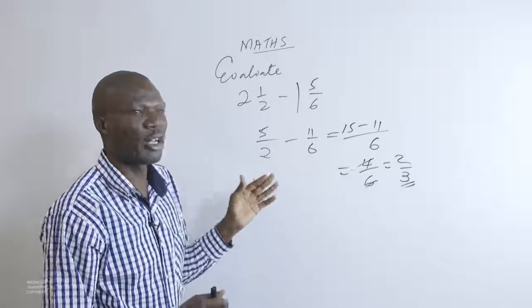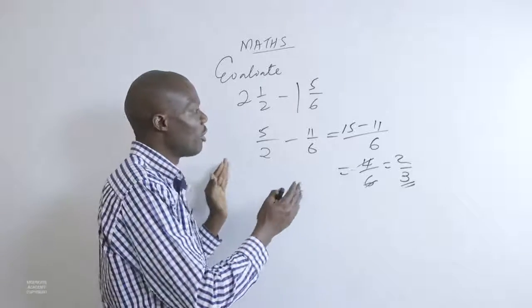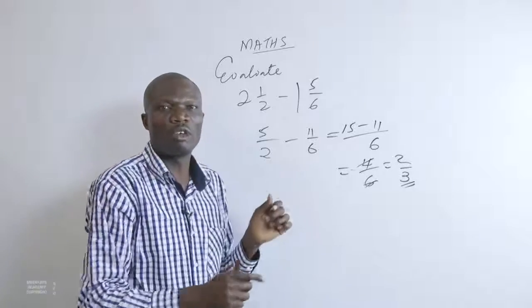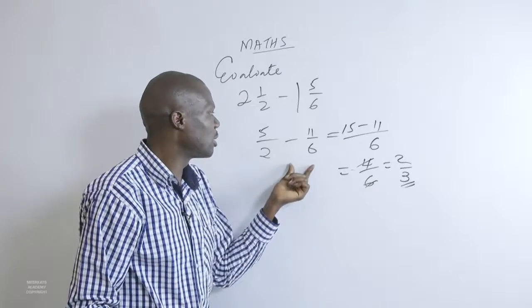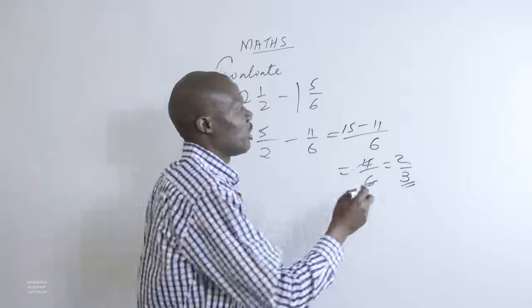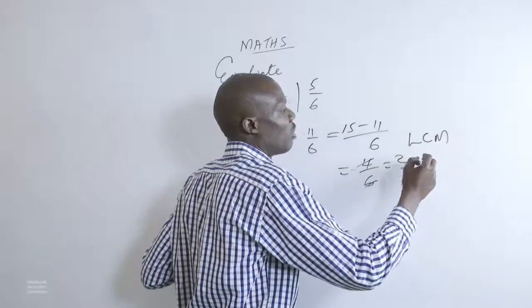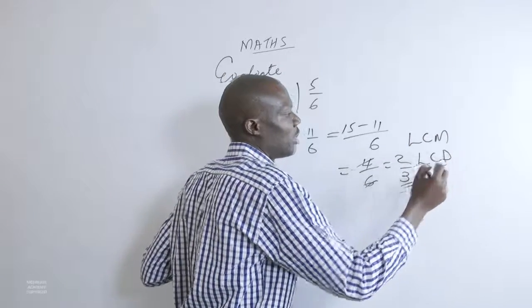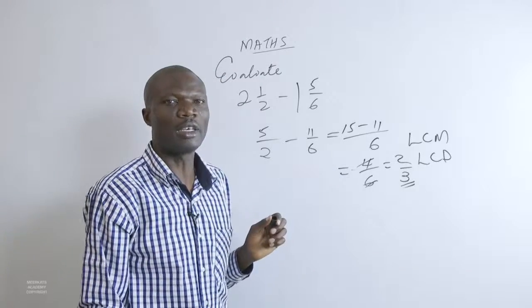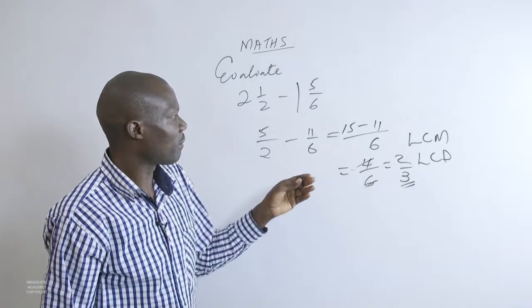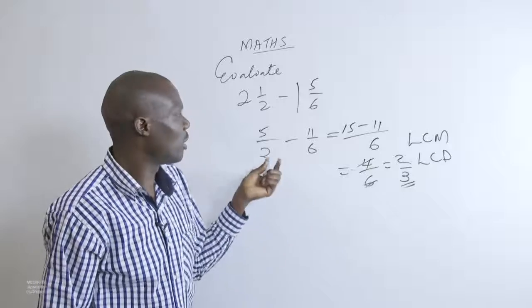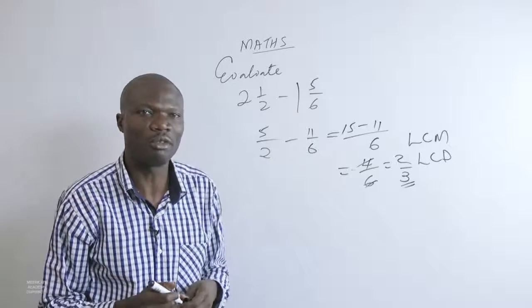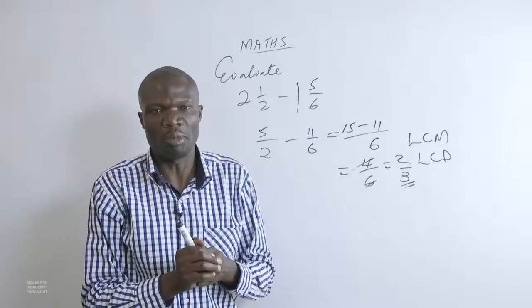It is very important that we know how to work out the least common multiple, which I'm calling the LCM, or the least common denominator. That is what we normally do when we are dealing with fractions which don't have the same denominator.